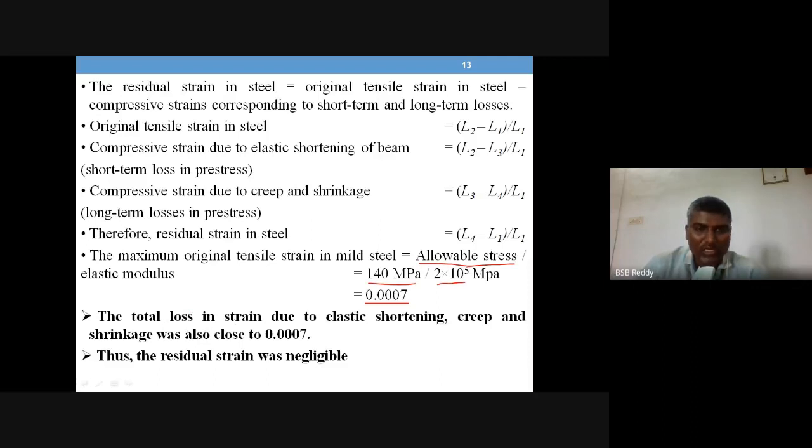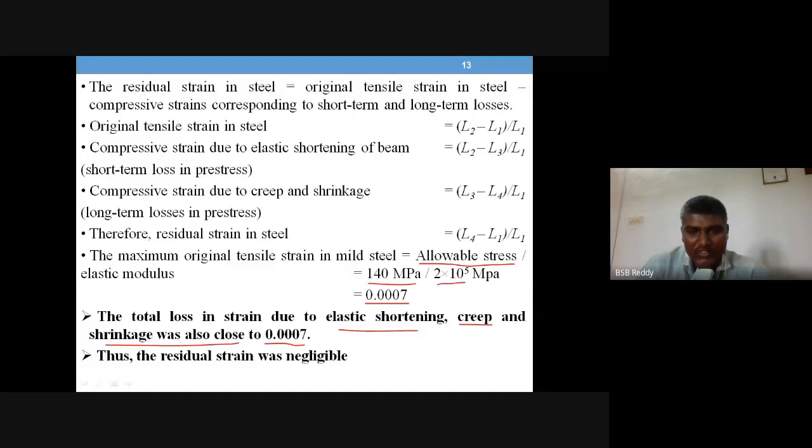The total loss in strain due to elastic shortening, creep and shrinkage of steel is also almost close to 0.0007. Means what?